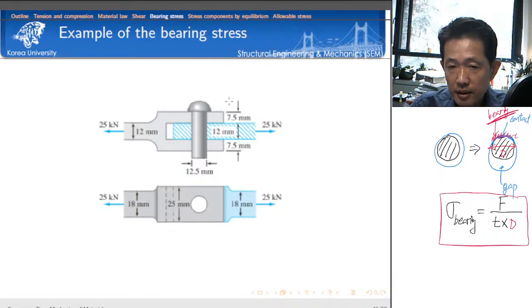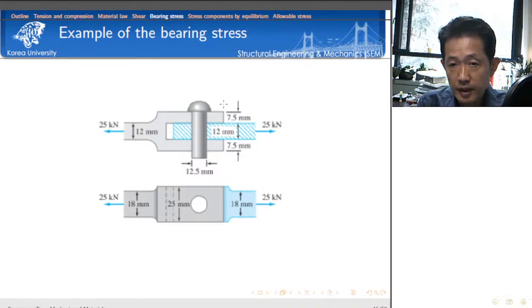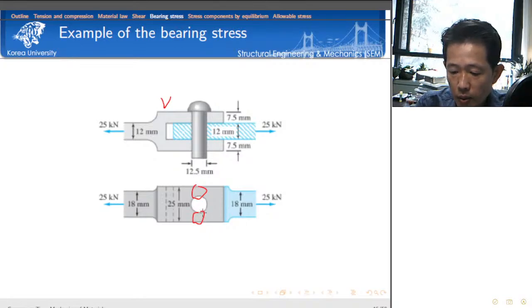Well, let's consider an example for the calculation of bearing stress. Okay, so first we want to calculate whether... Okay, let's consider the gray part here. And then I want to calculate the tensile stress. So tensile stress should be calculated by using this net area here. Okay, then what is the force?